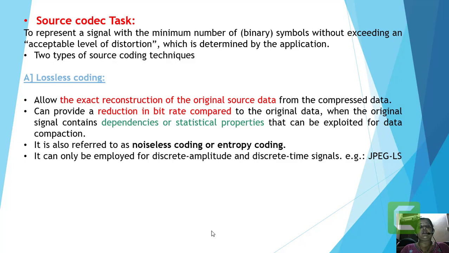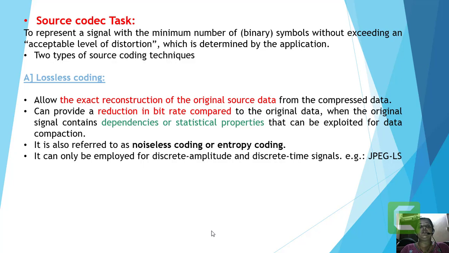As the name indicates, the losses will be nil in that coding technique, and because of that, exact reconstruction of the original source data is possible from the compressed data. This type of coding technique provides a reduction in bit rate, so the compressed data will be less as compared to the original data. But this will happen only if the given signal contains dependencies or statistical properties which can be exploited for data compaction.